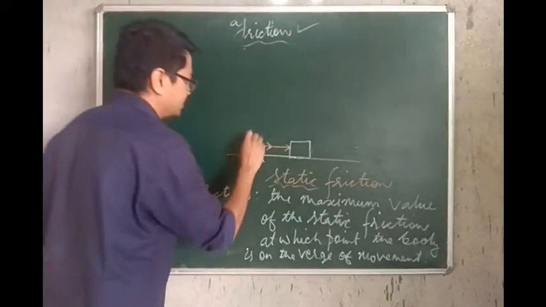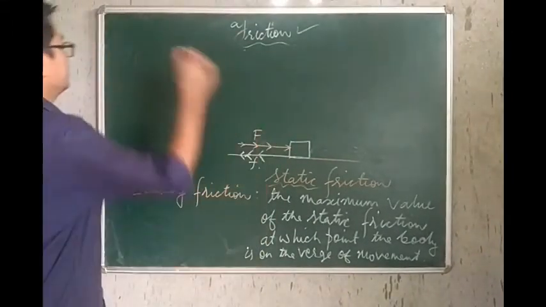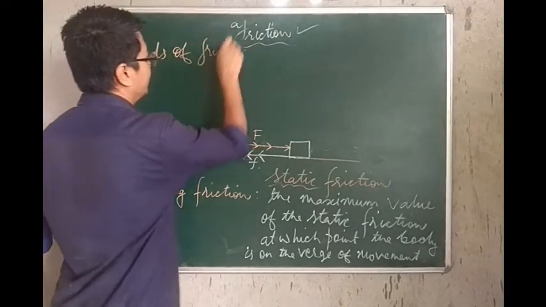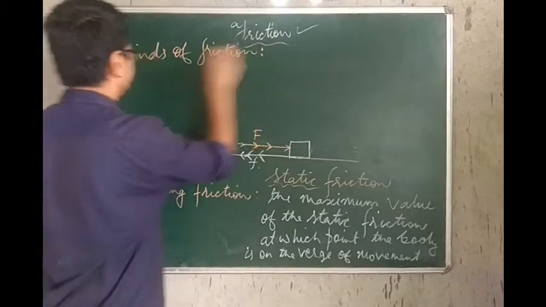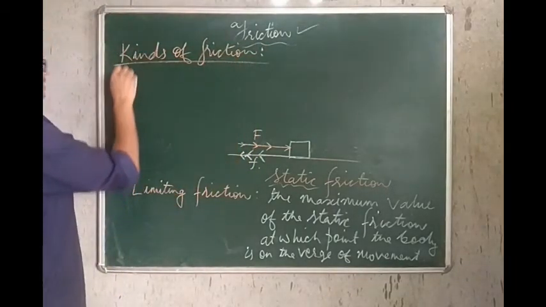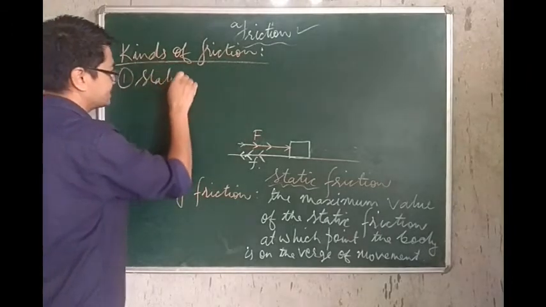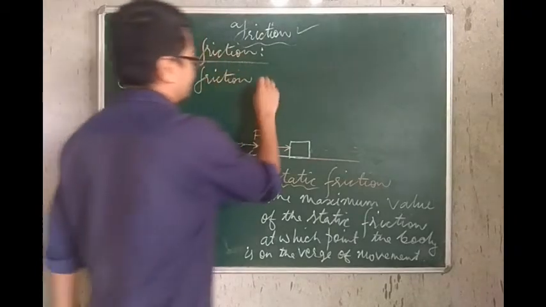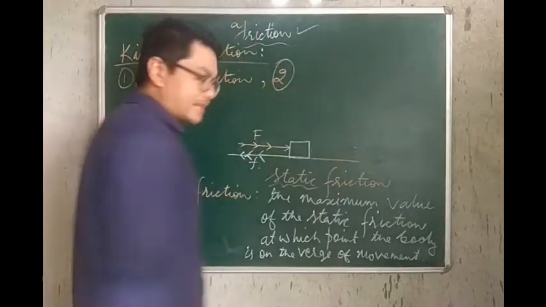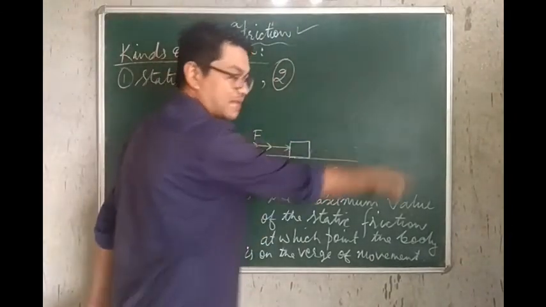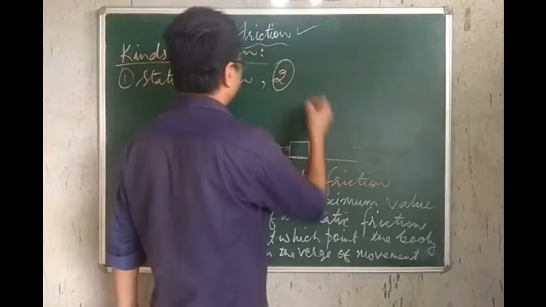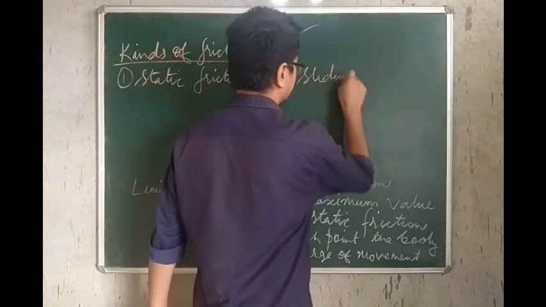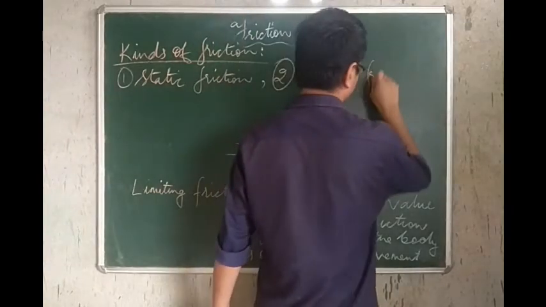So we have capital F, force applied, or let me rather write the topic to be kinds of friction. So the first kind we've discussed about is static friction. Let me write straight. The second kind of friction, when the body starts sliding, okay, from the kind of movement of the body, the friction has its name, it's called simply sliding friction.